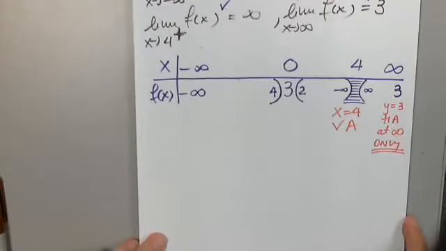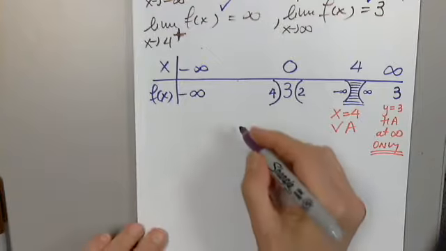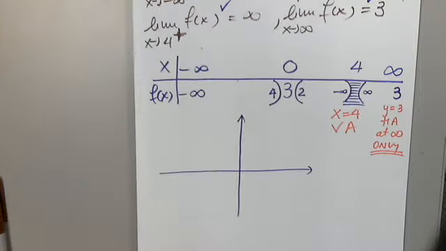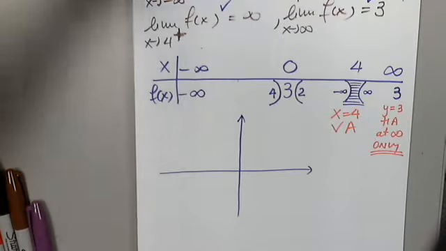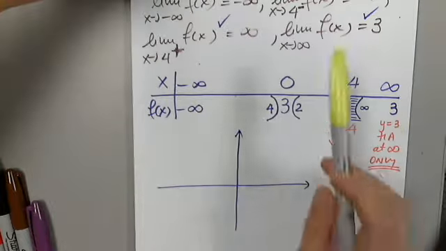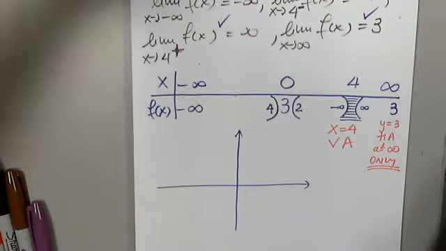So, ready? Yes? Is this okay, everyone? Any questions? Joe, go ahead, please. Horizontal asymptote because of the infinite limits, right? Okay.